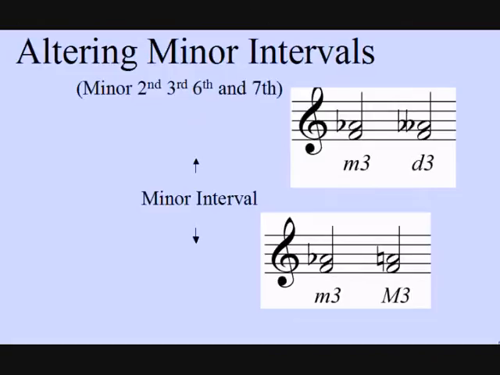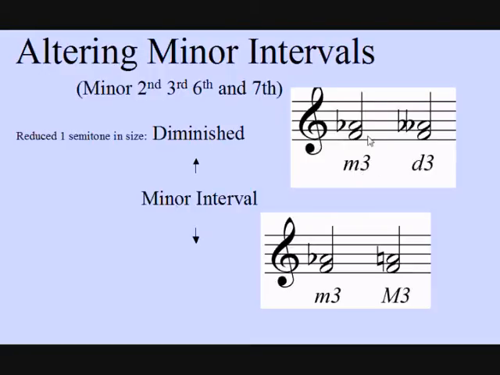Let's look at how a minor interval can be altered. When a minor interval, for example here a minor third, loses 1 semitone, then it becomes a diminished interval.